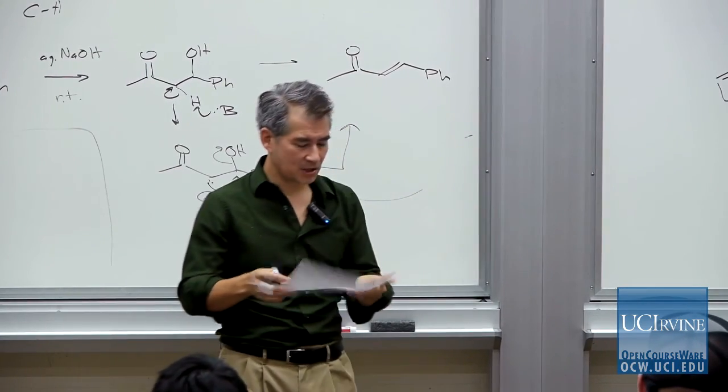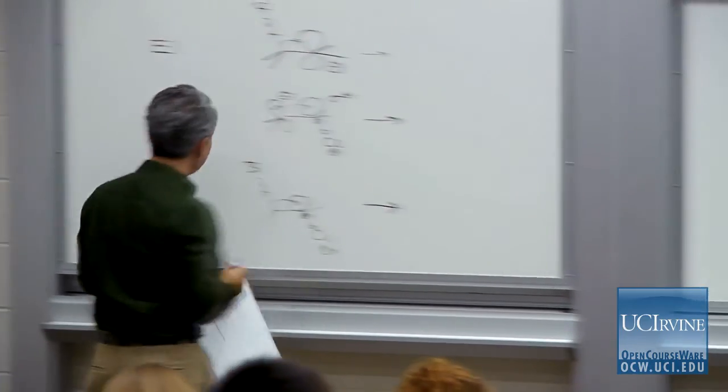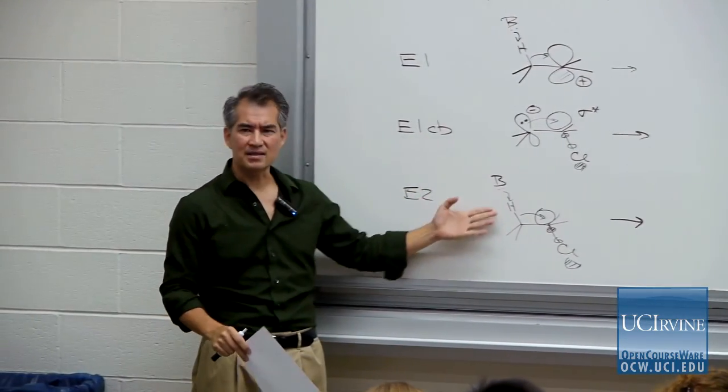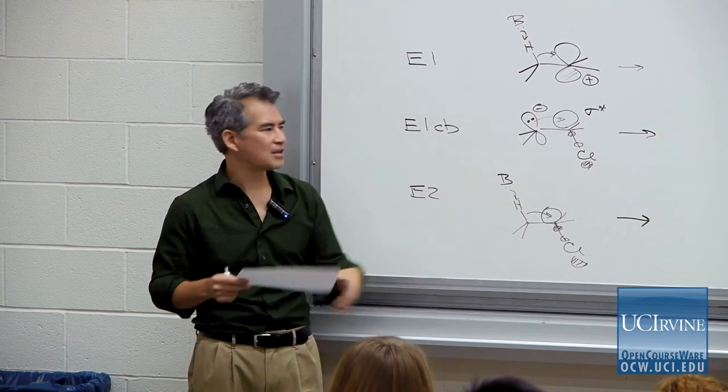Okay, so let's look at the E2 in detail. Even though it's not really that common of an elimination mechanism, we really need to look at this in detail because there are so many reactions that this helps us to think about.